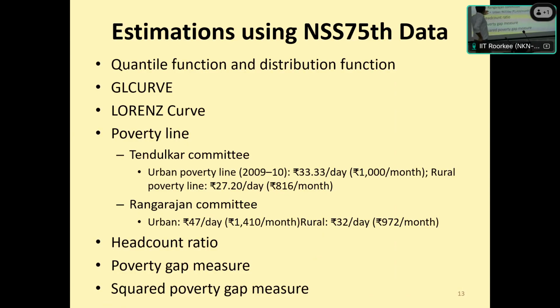We have added something to this. We will calculate based on the estimations of the Tendulkar committee and Rangarajan committee, and then we'll also calculate head count ratio, poverty gap measures, and squared poverty gap measures using the same data set. And the data set is already available with you.